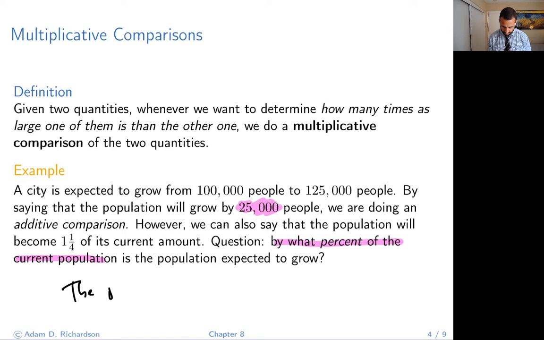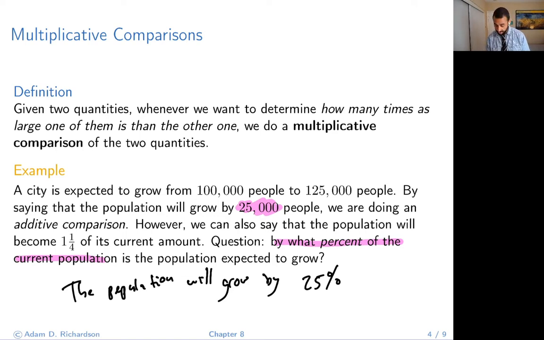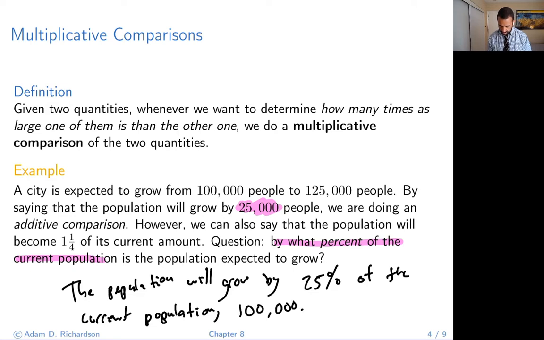The population will grow by 25% of what? Of the current population, 100,000. So there you go. That's how you would do that type of multiplicative comparison.